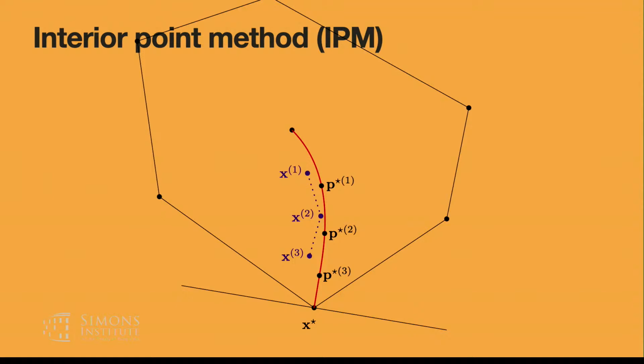Then you move along the central path again from the second point to the third point, and you want to move your solution closer to the third point on the central path. By doing this, you just follow this central path towards the optimal solution.